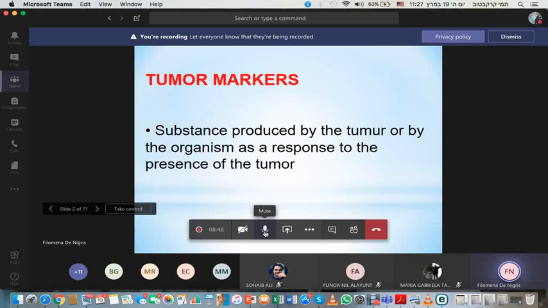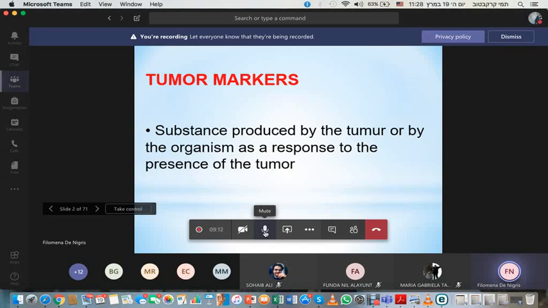Okay. Today we talk about the tumor markers. What do tumor markers mean? Tumor markers are molecules present in the blood, and we discuss how we can monitor these kinds of molecules.